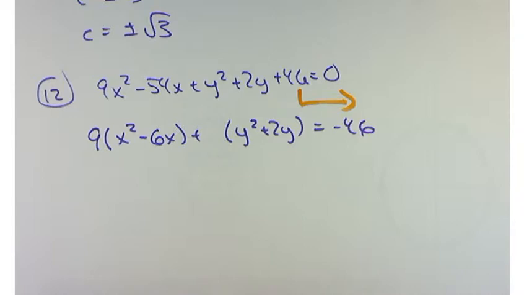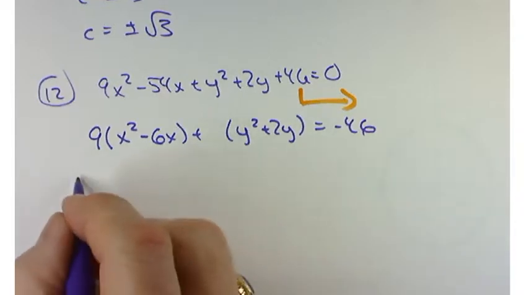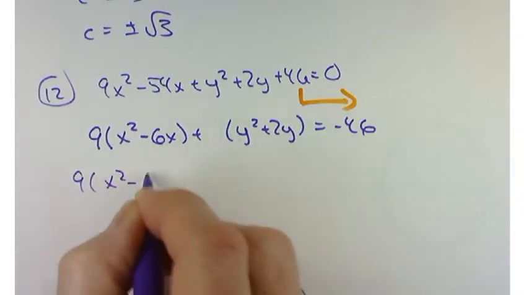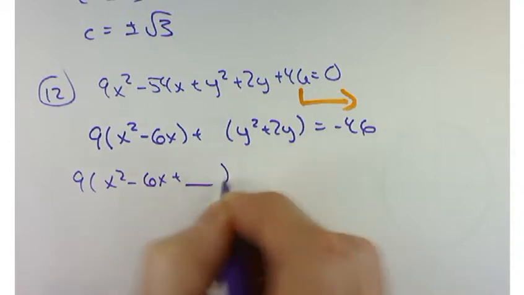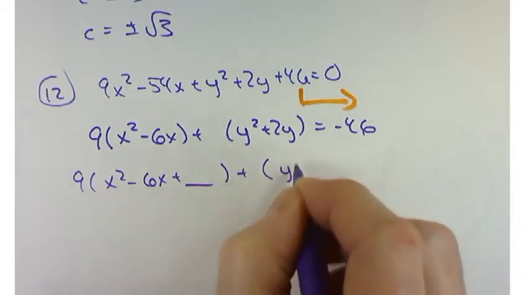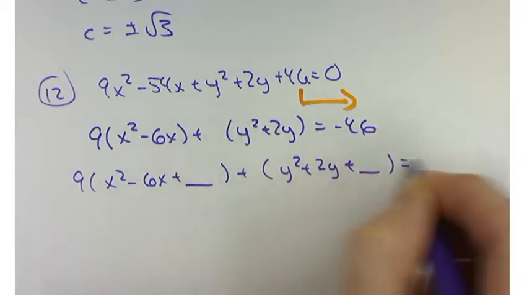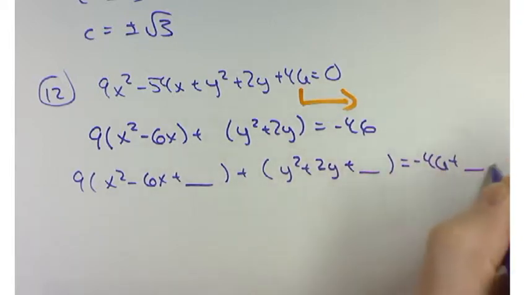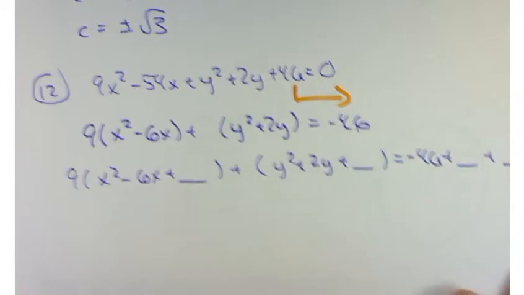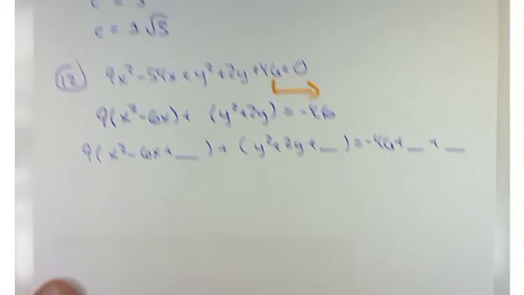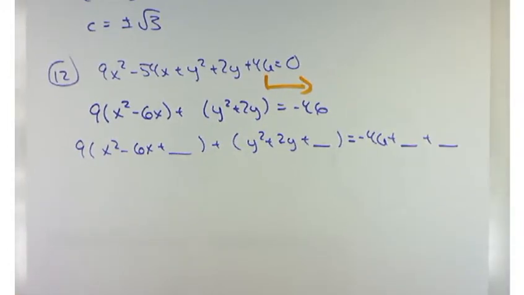The second step is a process that we've done before, and that is completing the square. I want to make the terms in each of these a perfect square trinomial. So, okay, how does that work?